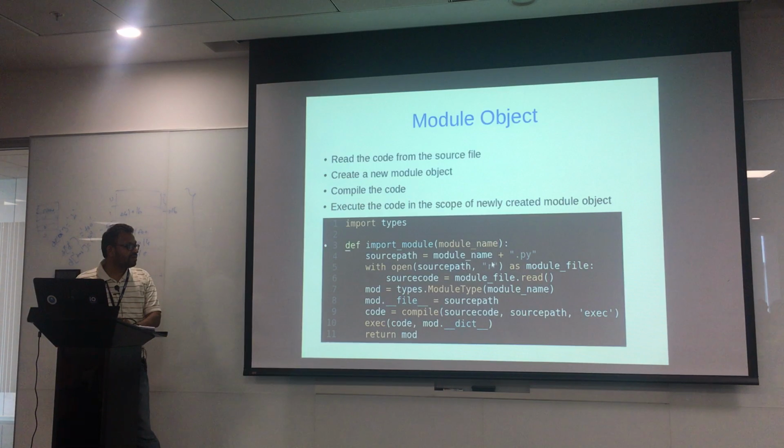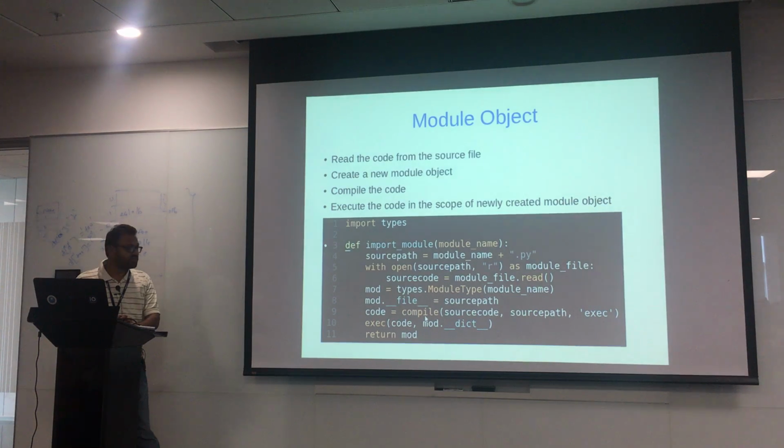Open that file and read all the code into source code. Create a module object. It is as simple as module equals types.ModuleType(module name). You give it, and a module object has been created. Then there are many other attributes that you set on the module object, but one of them is __file__, which is the source path where it originated from.